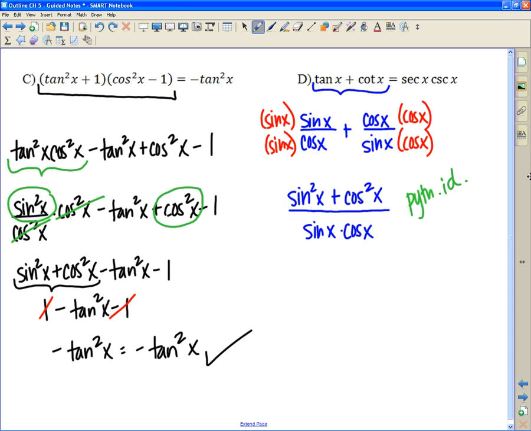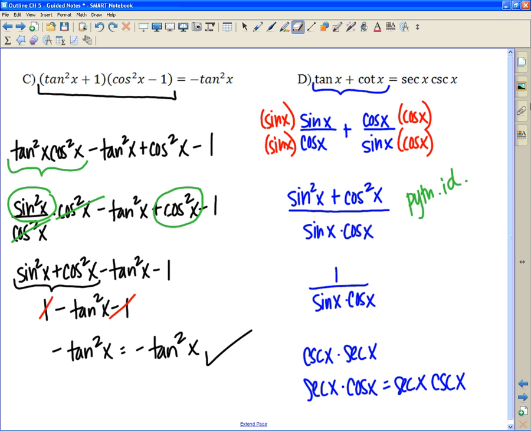So changing sine squared plus cosine squared to 1 over sine of x times cosine of x, it's really important that you show this line. 1 over sine is cosecant times 1 over cosine, which is secant. And if you really want to get down to the nitty-gritty, you would put secant of x times cosecant of x. You'd apply the commutative property of multiplication.